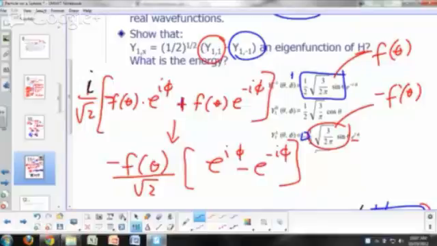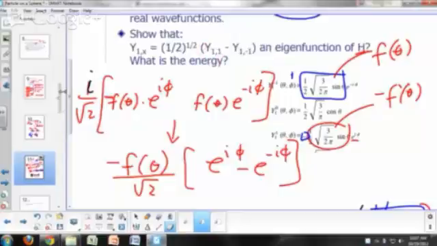Or is something wrong with my sign somewhere? Oh, I'm sorry. Okay, sorry, I made a mistake. There's a minus right here, so that's going to be minus, right?